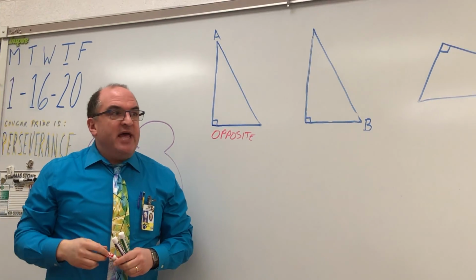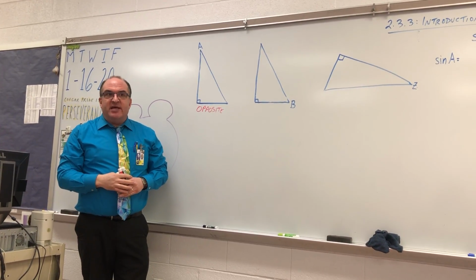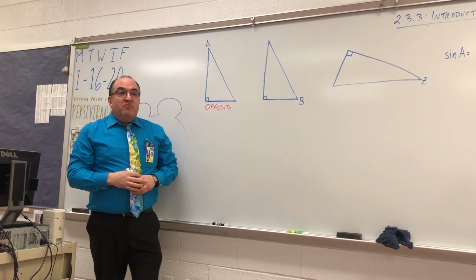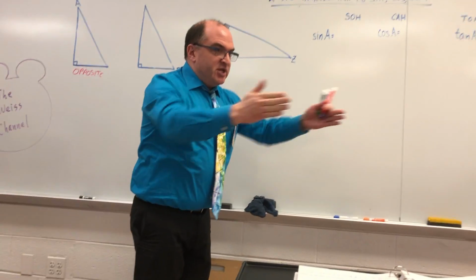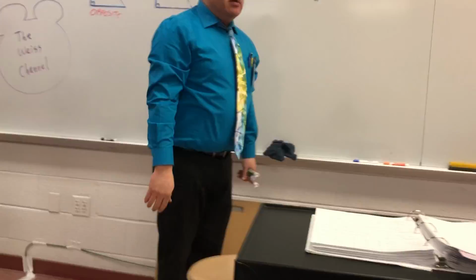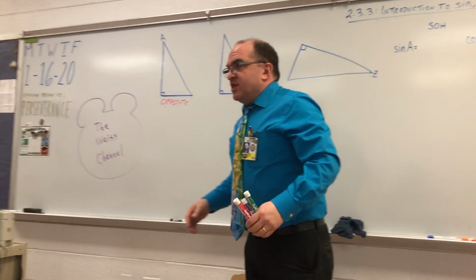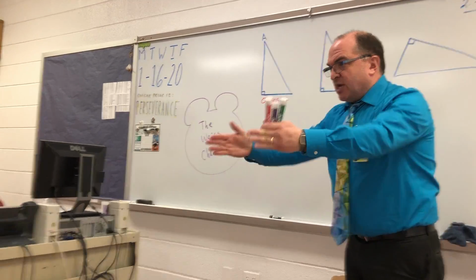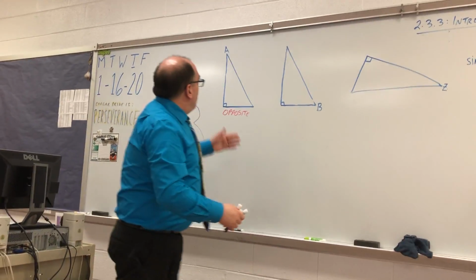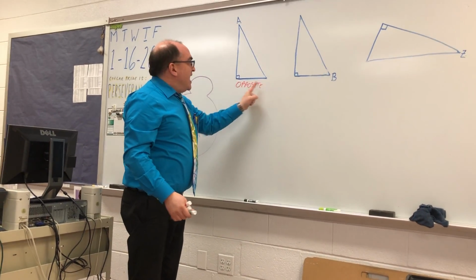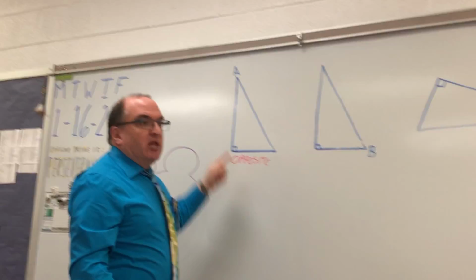Across from angle A, that is the opposite side. Meaning, if I'm standing here, Kamaje is opposite me. Or if I'm standing this way, Michelle is opposite me. Over here, this side is opposite angle A.